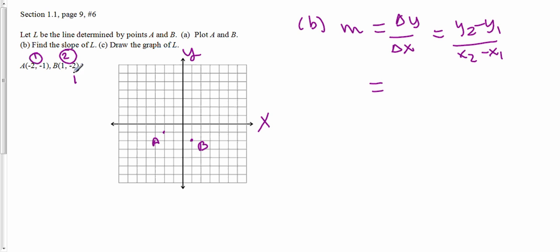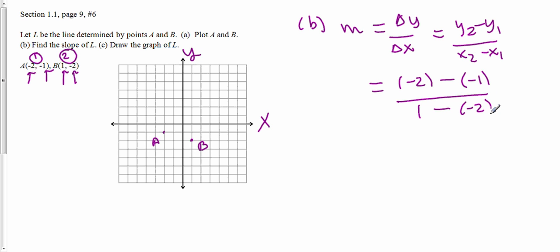So y2 is going to be the y value for B. So I'm going to have -2 minus the y value for A, which is -1, divided by the x value for B, which is 1, minus the x value for A, which is -2.